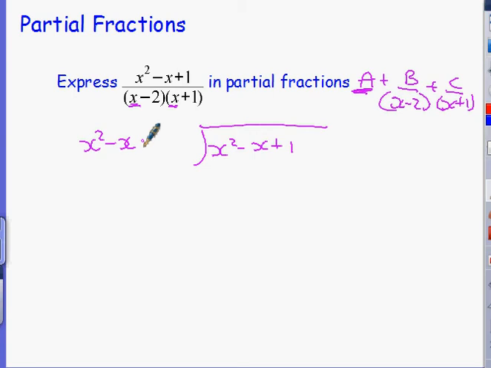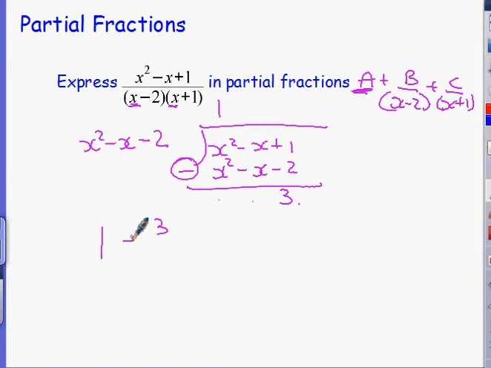So x squared goes into x squared once, multiply all this out, put it underneath, take one away from the other, that's gone, and I'm left with 1 minus minus 2, which gives me 3. So in actual fact, I've got 1 and 3 over x minus 2, x plus 1.